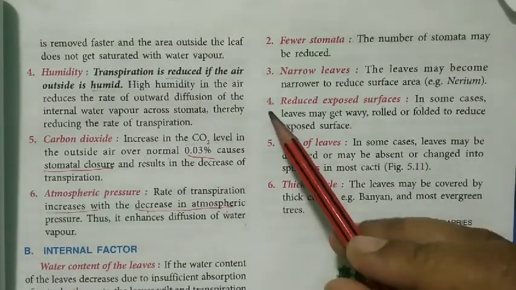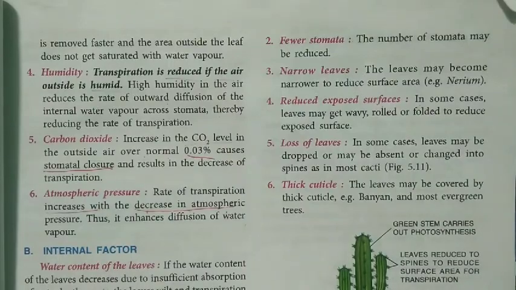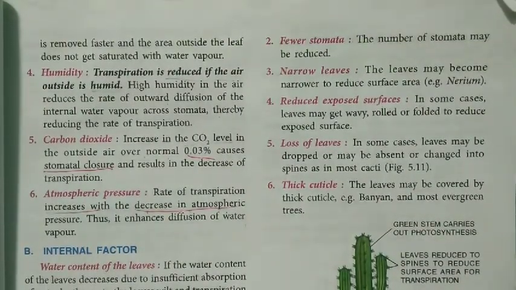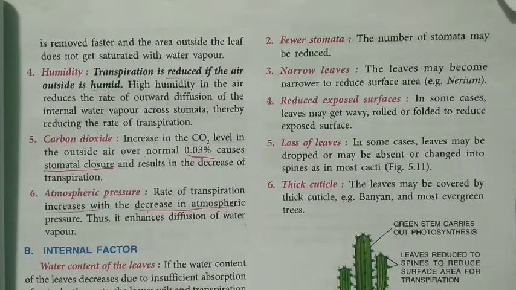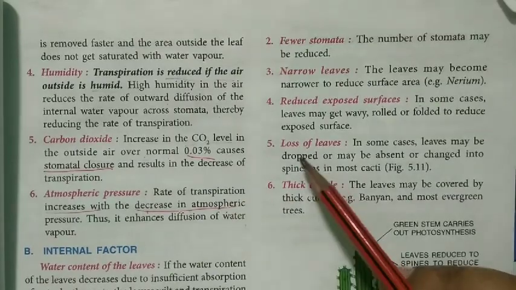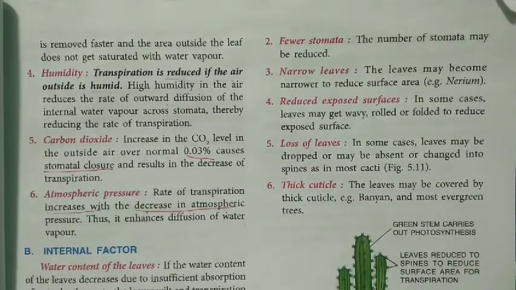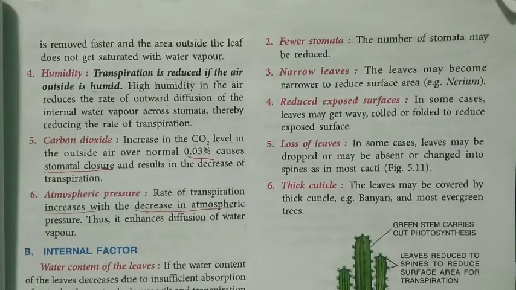Now fourth one is reduced exposed surface. In some plants, the leaves get folded or curled so that it can reduce the loss of water from their body. Now the fifth part is loss of leaf. In some cases, leaves can get dropped or may be absent.